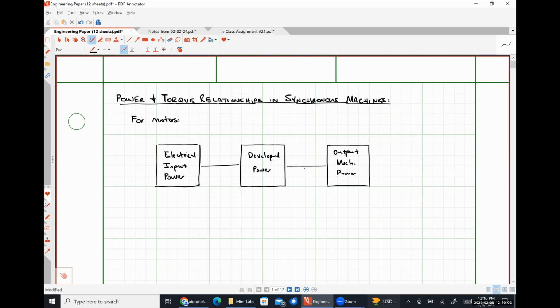So we've got something going on like this in general, but then we also have to take into account our losses, right? So we're going to have electrical losses that are taking away some of our input electrical power.